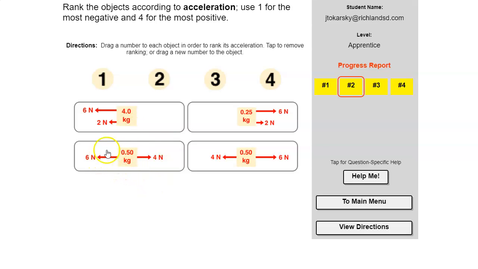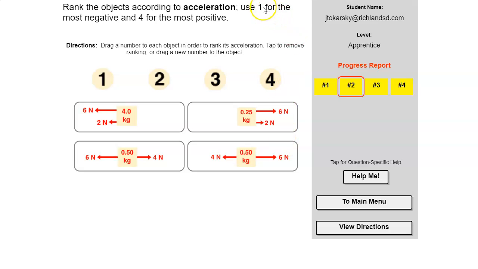We got a net force on this one of -2 to the left. -2 divided by 0.5 is -4. Use a calculator if you have to. We have +8 as the net force on this one. +8 divided by 0.25 is going to be +32 meters per second squared. And then finally, the net force on this one, 6 to the right, 4 to the left, that's 2. 2 divided by 0.5 is +4.